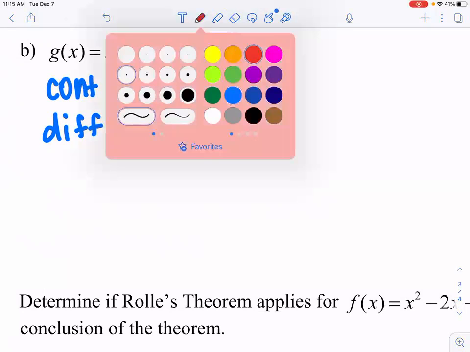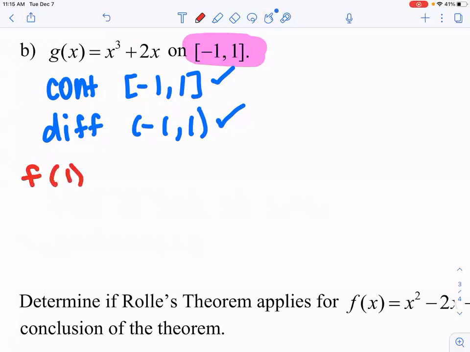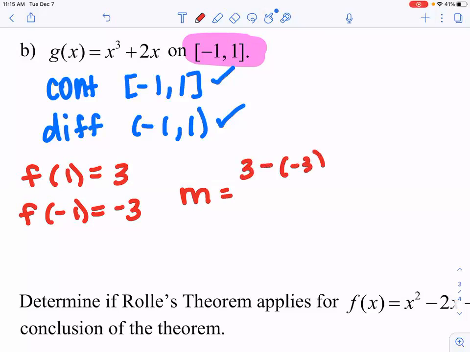Okay, so what is f of 1? What's f of -1? Okay, so our slope is 3 minus -3 over 1 minus -1. What's our slope?